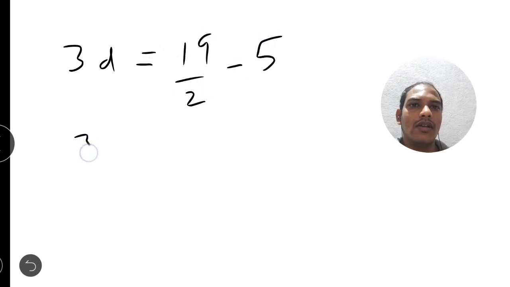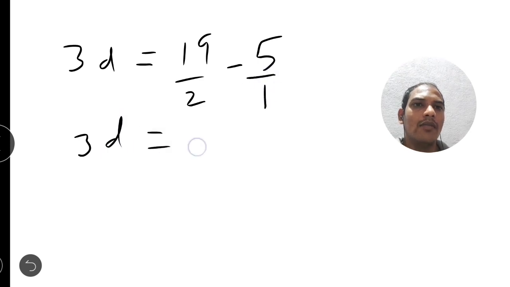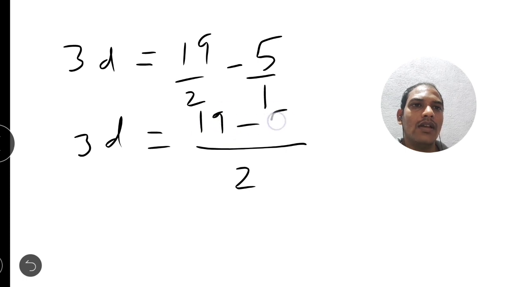So 3d equals 19 by 2 minus 5. 5 can be written as 5 by 1, 2 is the LCM, then 19 minus 5 into 2.